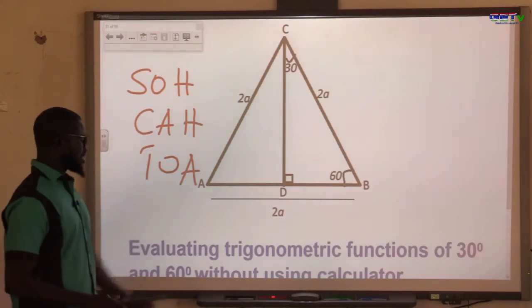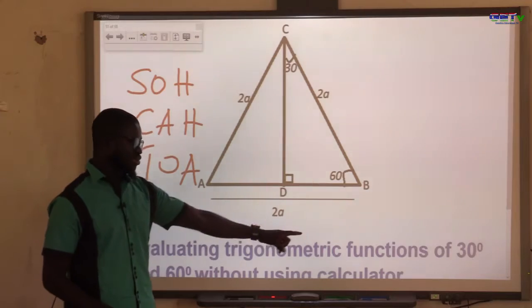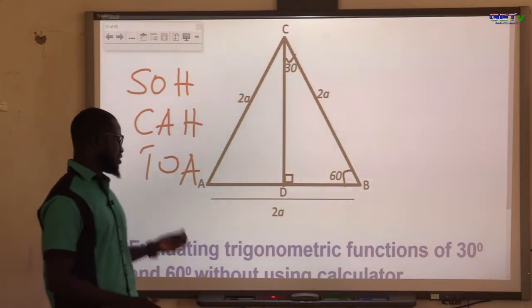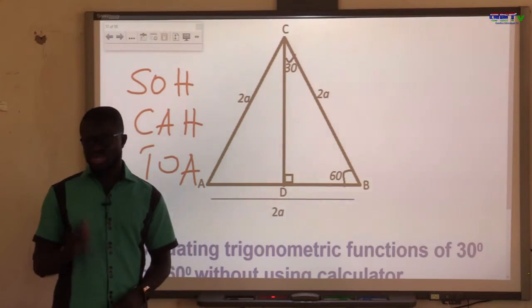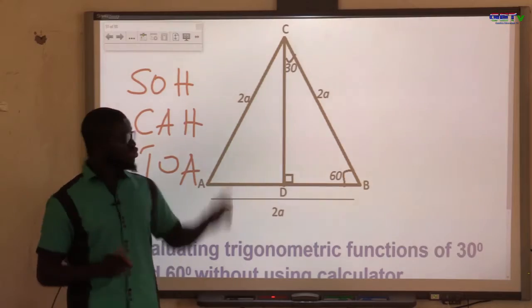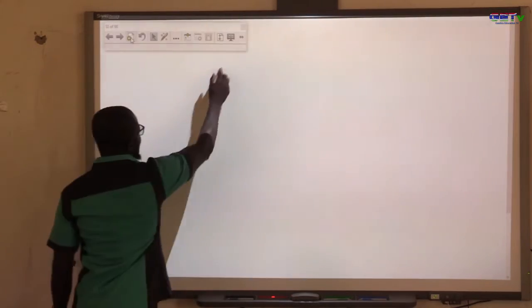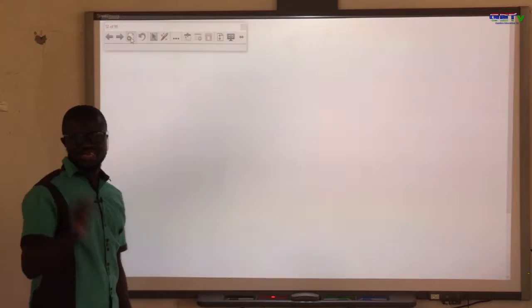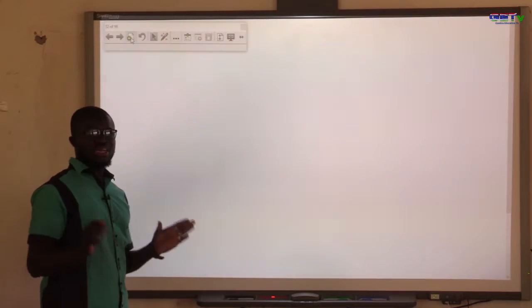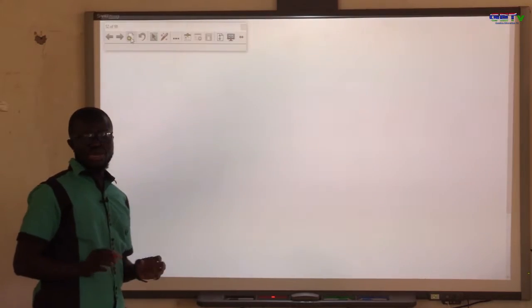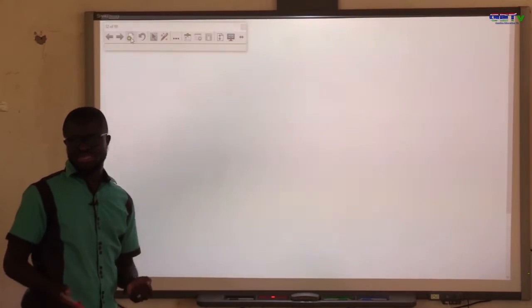And remember, the theme is evaluating trigonometric functions of 30 degrees and 60 degrees without using a calculator. Can we do that together, please? Using the figure that we have on the board. Now, like I said, we are going to consider an equilateral triangle. And I already told you the meaning of an equilateral triangle.